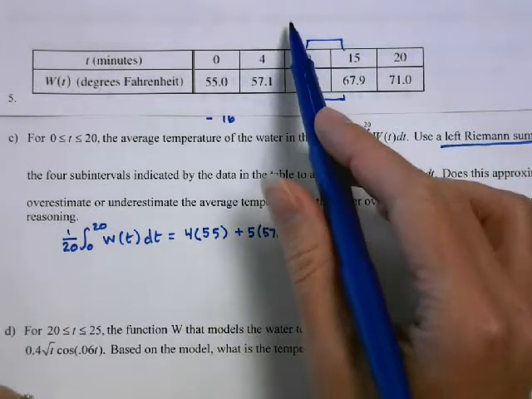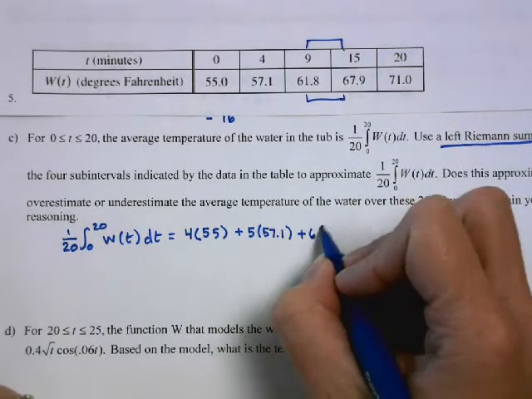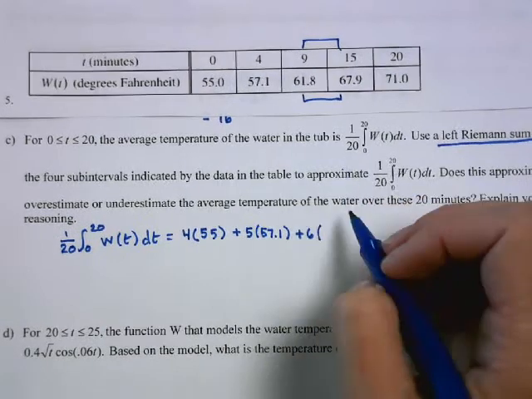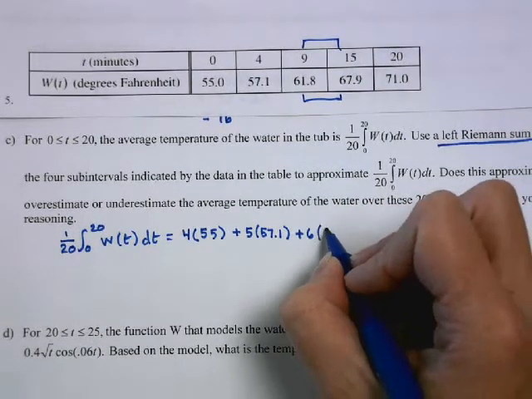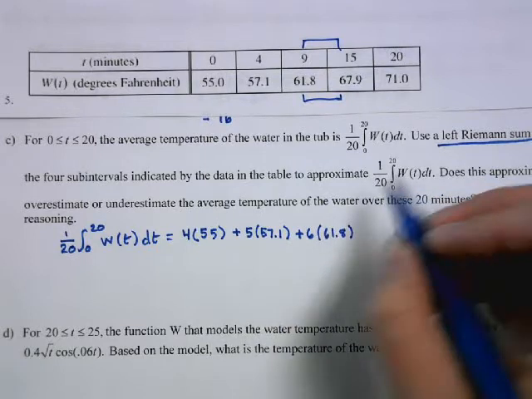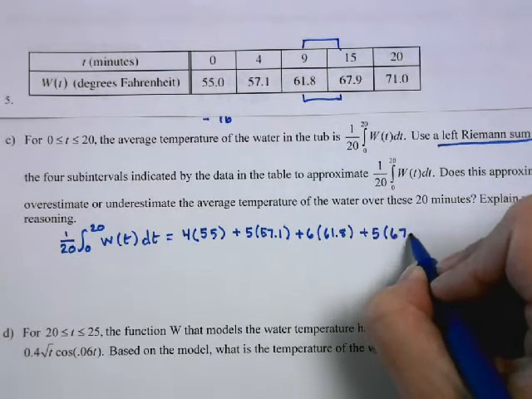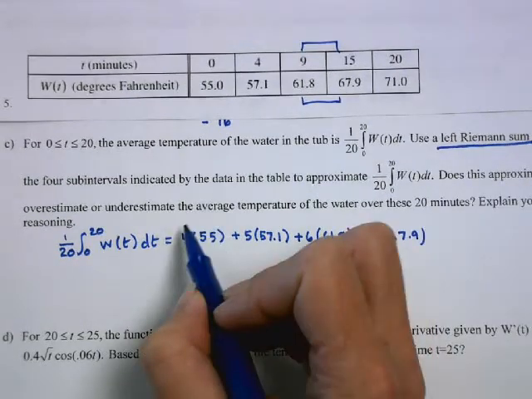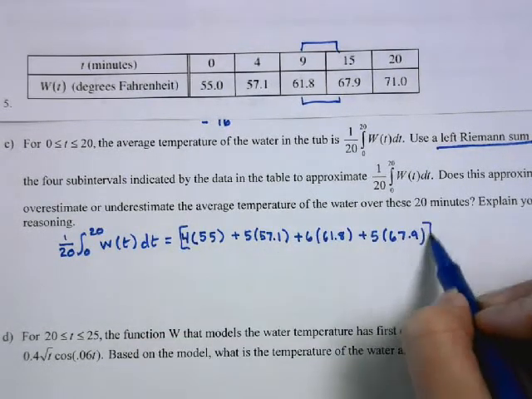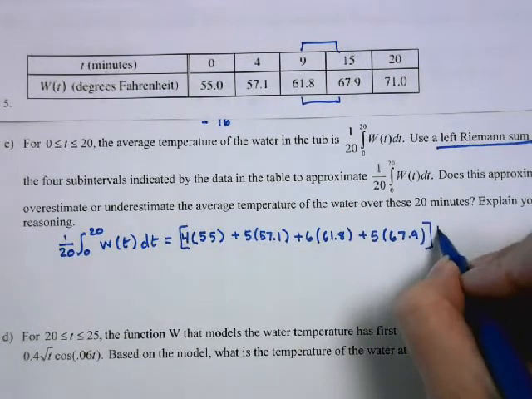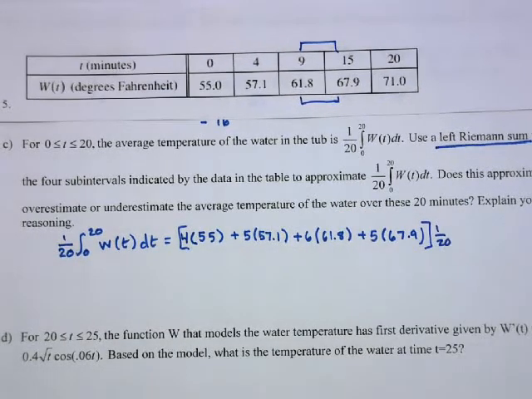The next width is 6, and the height is 61.8. The next width is 5, and the next height is 67.9. All of this is multiplied by 1 over 20, and I should have done that in the beginning. Doesn't really matter. And again, I'm leaving it just like that.